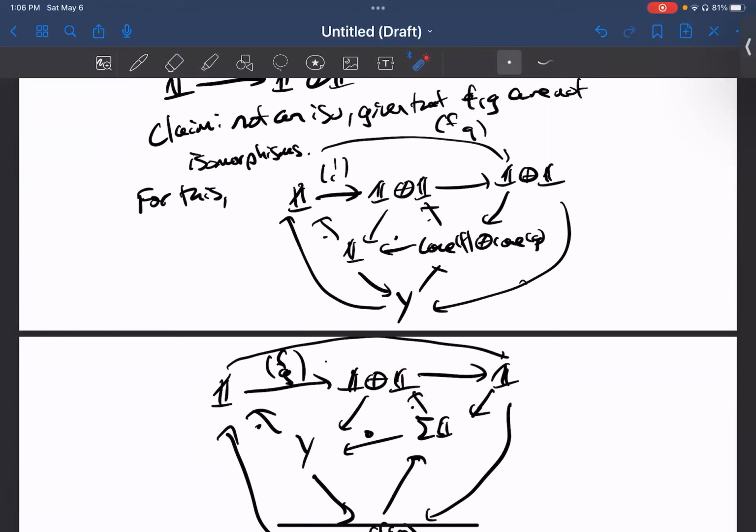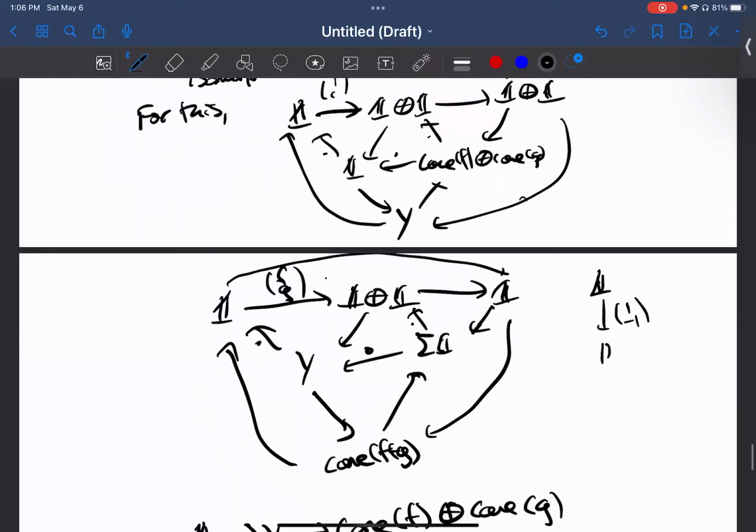So this is going to be 1 going in by 1 minus 1, 1 plus 1. And then we're going to map off to 1 by this map here, which is 1 minus 1. And then we're mapping over to Y.